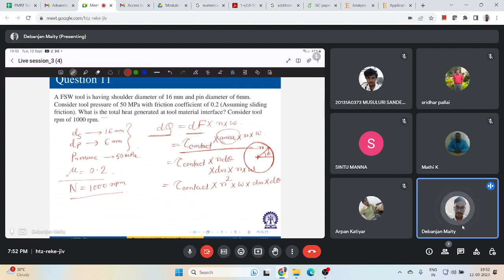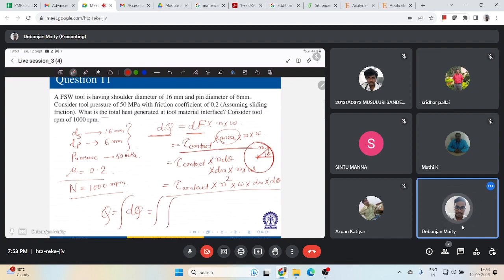So, if dq is my this amount, how can you find out the total heat getting generated? You need to integrate it. You need to integrate over a region, right? So Q is equal to integration of dq. So this will be a double integral, right?